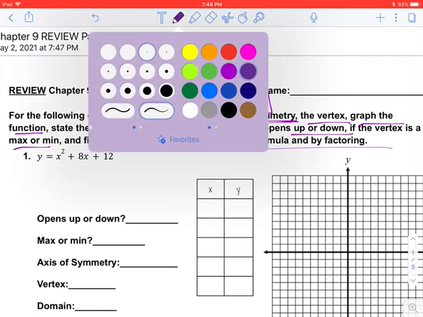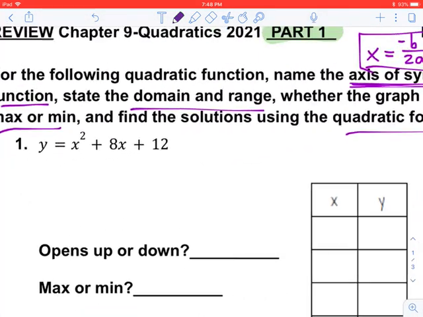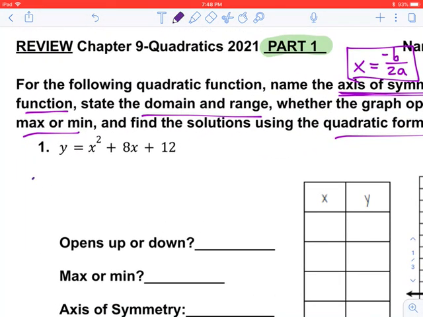So looking at our first problem here, since I want to find the axis of symmetry, first I need to know a, b, and c. And there they are. A is 1, b is 8, c is 12. So x equals negative 8 over 2 times a, which is 1.